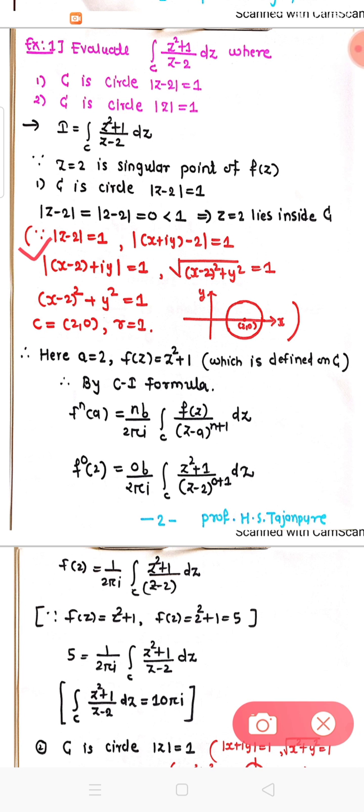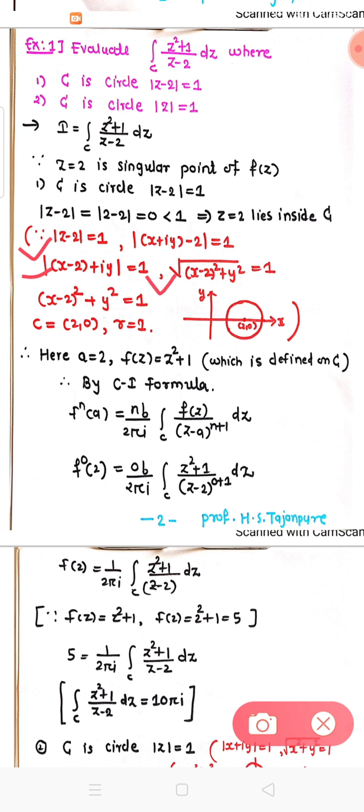Just put z as x plus iy, so it will be modulus of (x plus iy minus 2) equal to 1. Collect the real part in one bracket and the imaginary part separately. By applying the modulus definition, modulus of x plus iy is equal to the square root of x square plus y square.